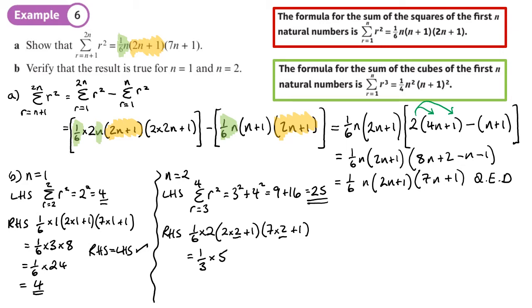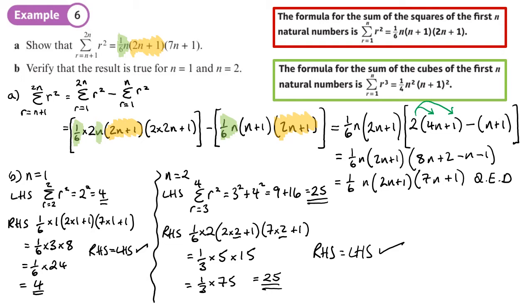Then in the second bracket, I'll get 14, 15. Okay, so what do I get? I get a third times 75, which is 25. So the right hand side equals the left hand side when n is 2.